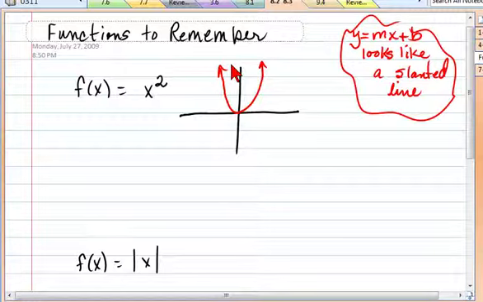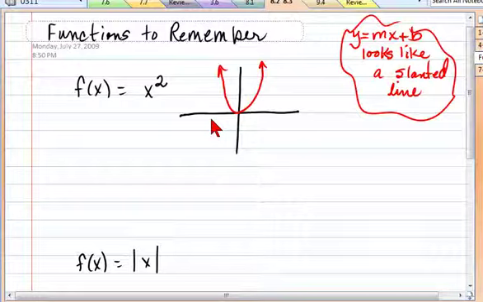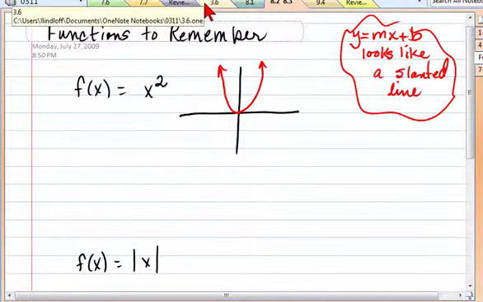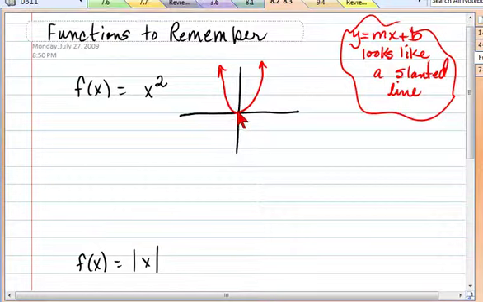Now, mine are never perfect. It's supposed to be a symmetrical shape. This right-hand branch is supposed to be exactly like this left-hand branch. They're supposed to be equidistant away from the y-axis, but mine hardly ever is. Sometimes people say it looks like a U. Well, sort of does. It continues to widen as it goes up. Its minimum point is sitting right here at the origin.